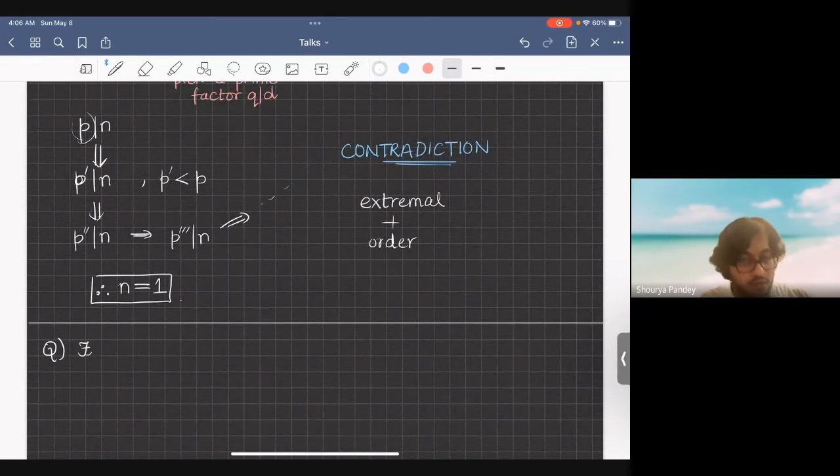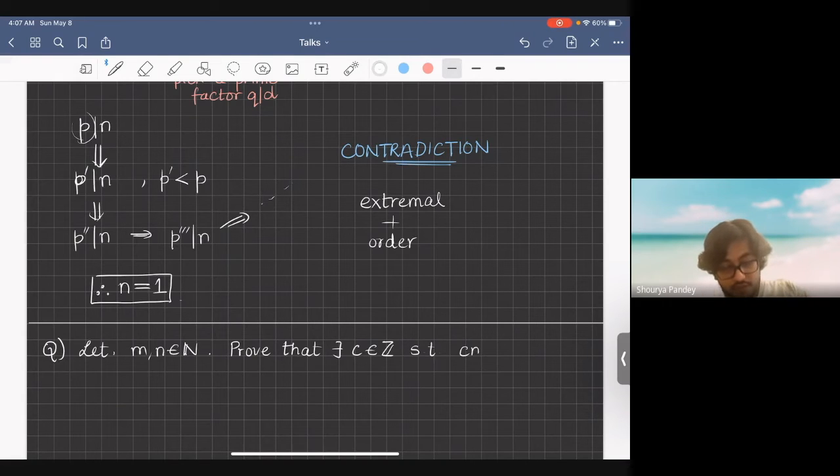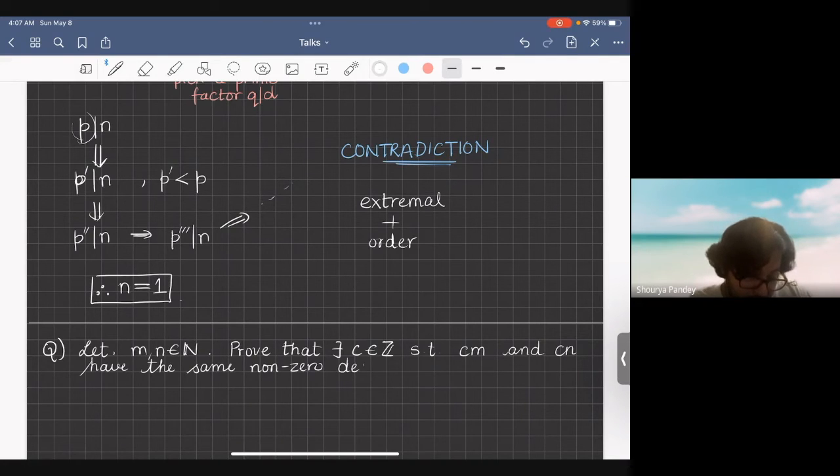Let m and n be natural numbers. Prove that there exists an integer c such that c times m and c times n have the same non-zero decimal digits.